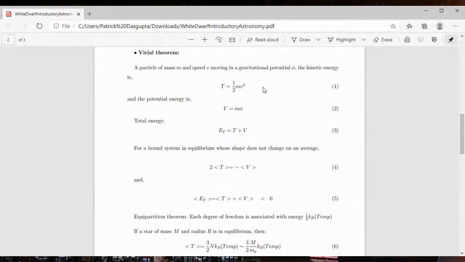Assume the cricket ball has a mass of 100 gram, and let's say I throw the cricket ball very fast with a speed of 10 meters per second.